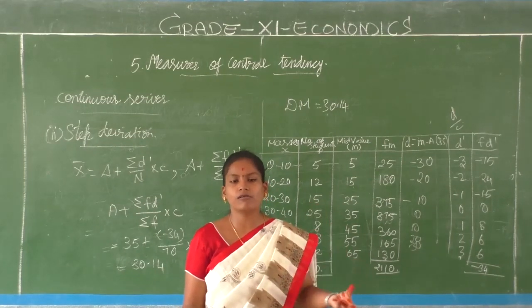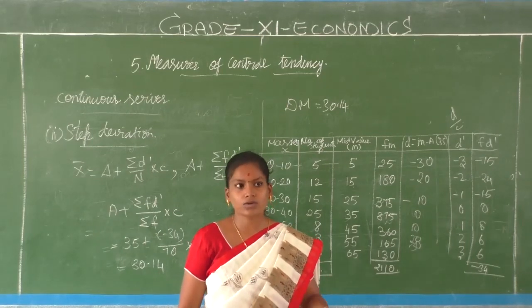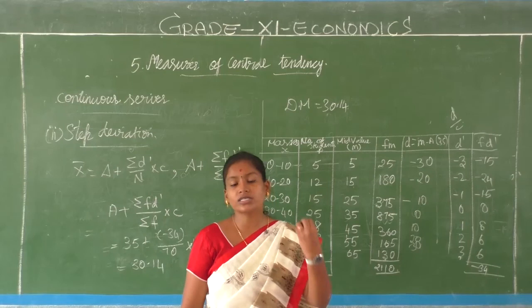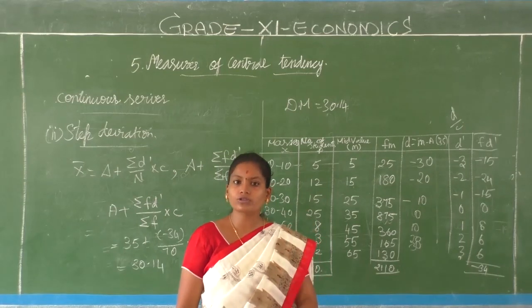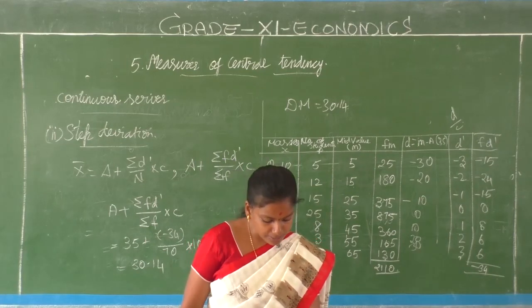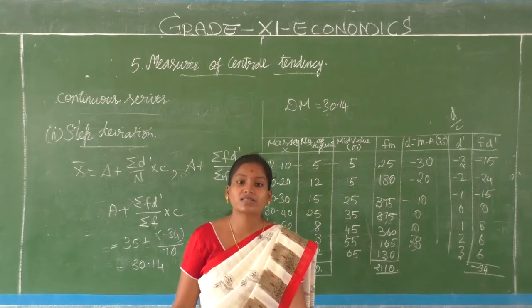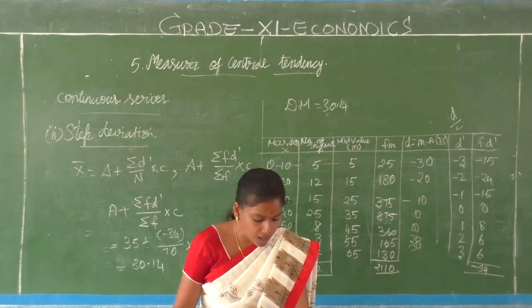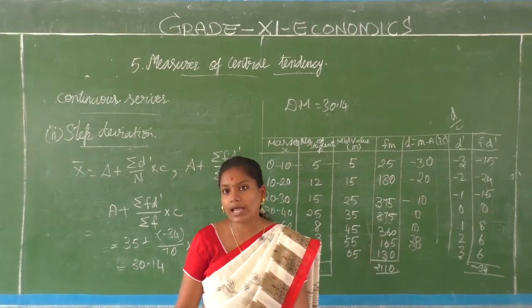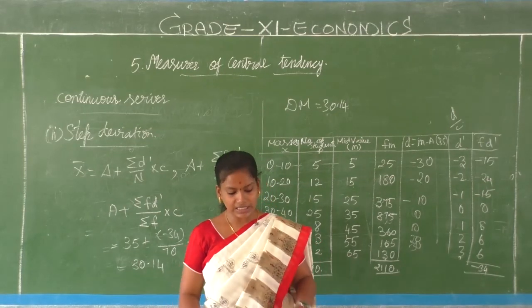Which is used more, water or cold drink? Mostly people go for water. So the weightage, the importance given to a particular product, will also make a change in the average, and that is called the weighted arithmetic mean, given by sigma wx by sigma w. That is, each variable is given a weight, and that is calculated.